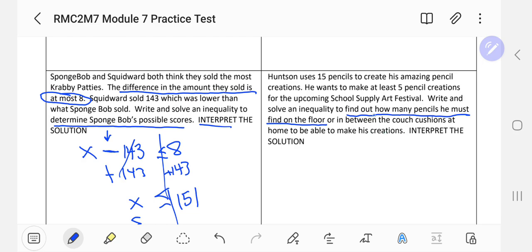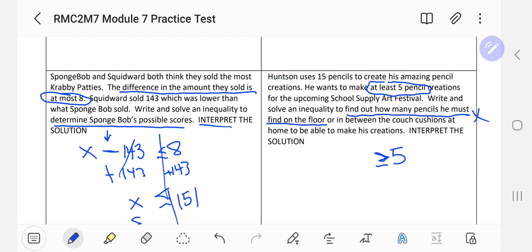So that's what we're looking for, X, and he wants to make at least 5. So that's greater than or equal to, so check the chart that I gave you and make sure you have the right inequality. And then we are going to solve away.